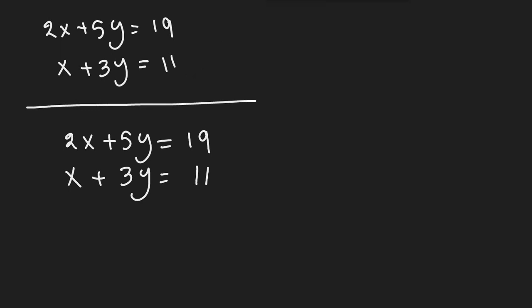To make them equal, we have to multiply the coefficient of x in the second equation with the first equation, and the coefficient of the first one with the second. For example, here x is equal to 1x. Normally in algebra we do not write 1, so when we say x, it means 1x.